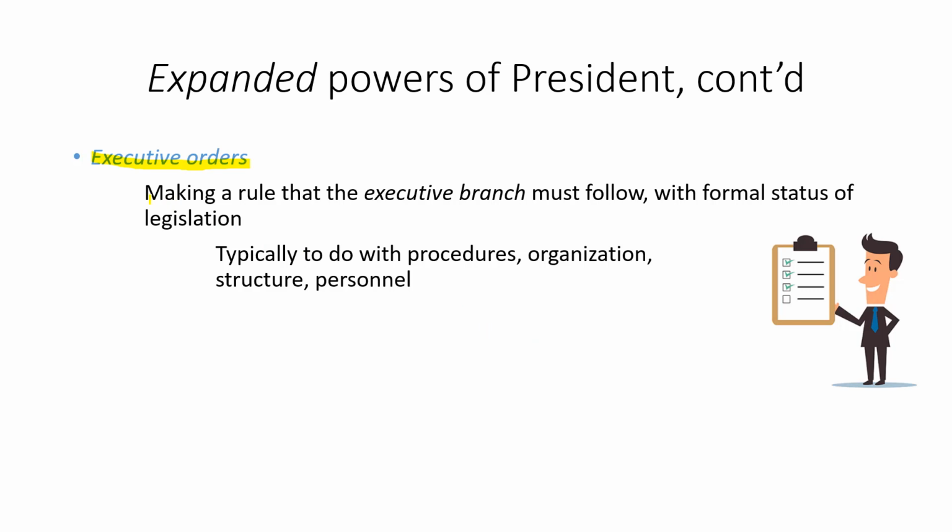But what an executive order typically is doing is making a rule that the executive branch must follow. But it does have formal status of legislation as long as it does not violate a law set by Congress or the Constitution. It typically has to do with some procedural element of the bureaucracy, some organizational aspects of it, having to do with perhaps revising the structure or personnel.